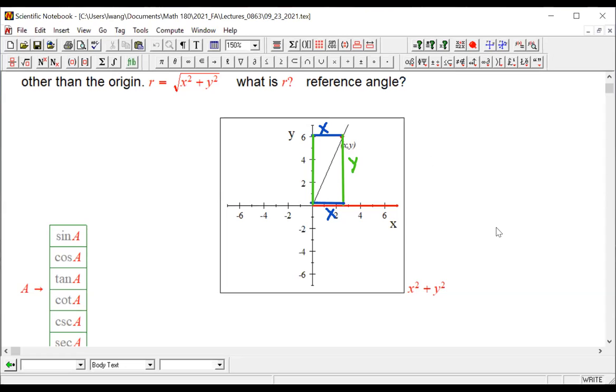What is x squared plus y squared? This is a right triangle, 90 degrees. So we're only looking at this lower one. What is x squared plus y squared?